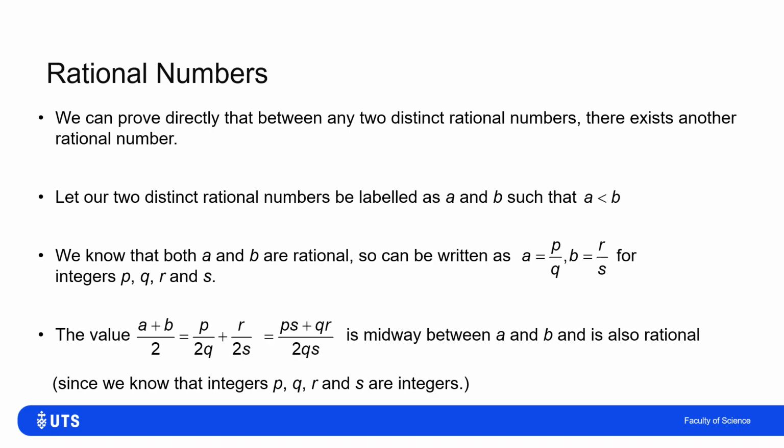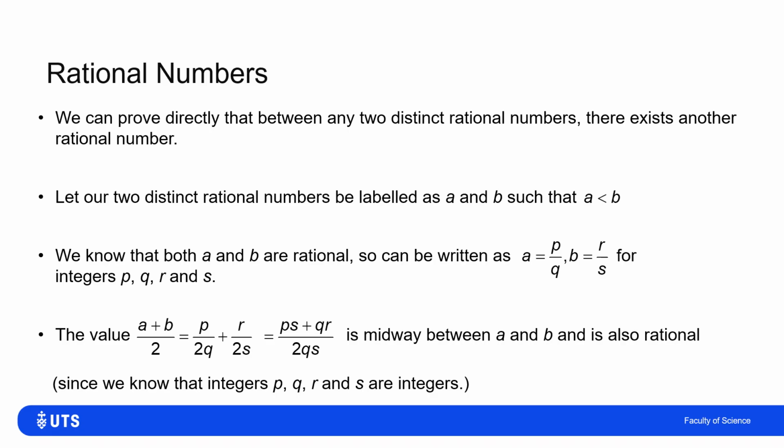Now if I work out the average, the midpoint of a and b, that's the average of p over q and r over s. So it's p over 2q plus r over 2s, which I can write as ps plus qr over 2qs, if I put it all over a common denominator, and that itself is rational.